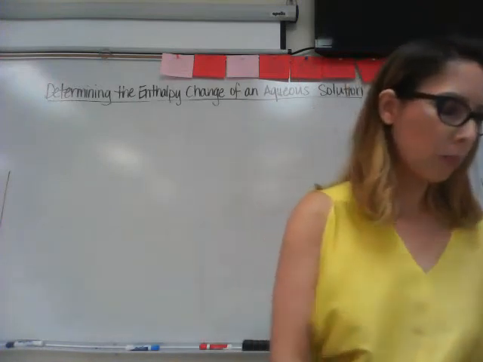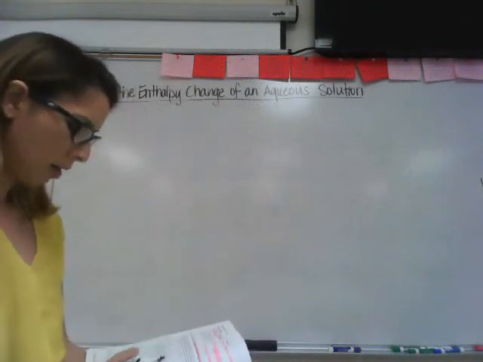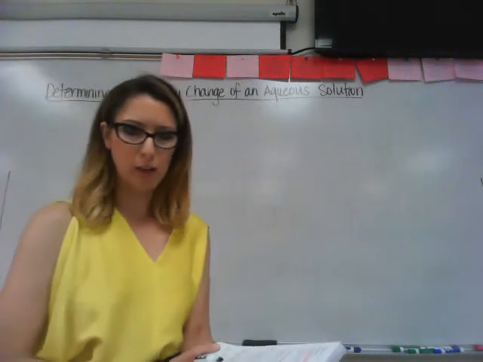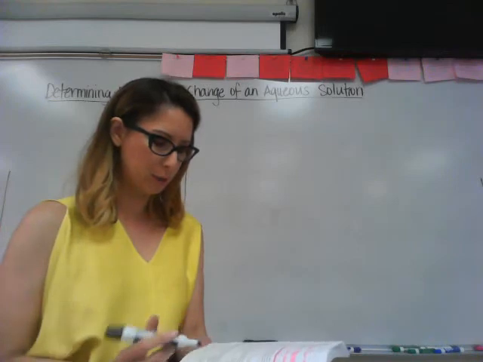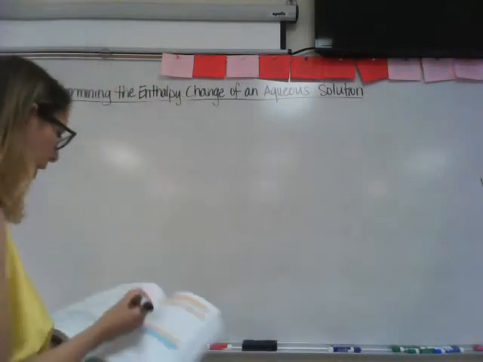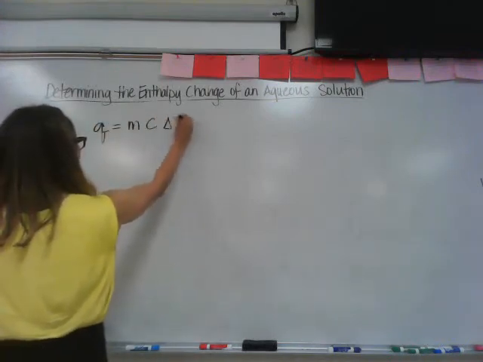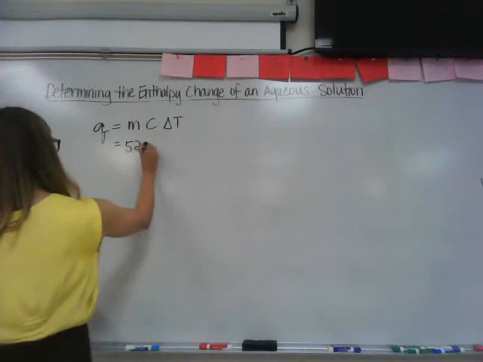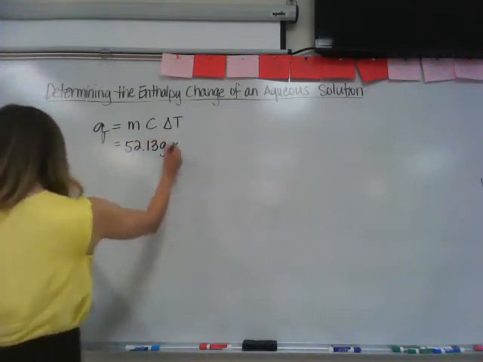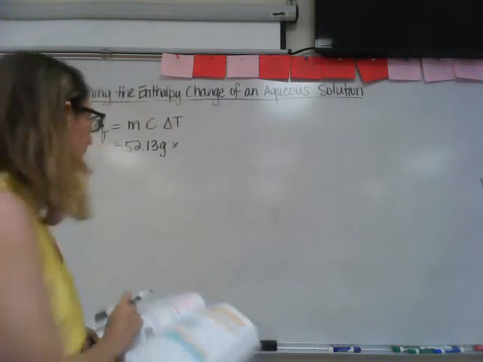Okay, so we're going to take our mass of water, 50 grams, and combine it with our mass of ammonium nitrate, which is 2.13 grams. That's going to give you 52.13 grams. And then we're using the specific heat of water, which is 4.18.